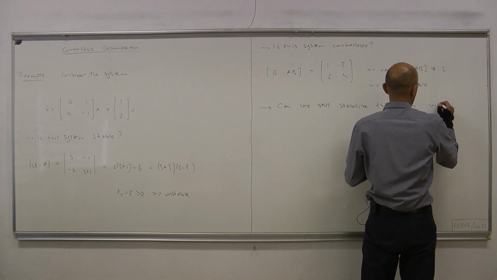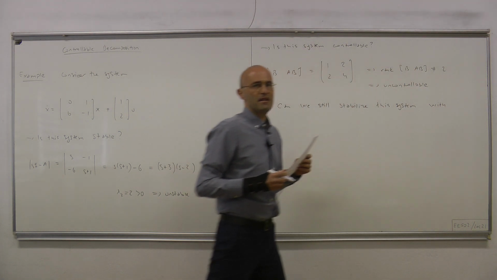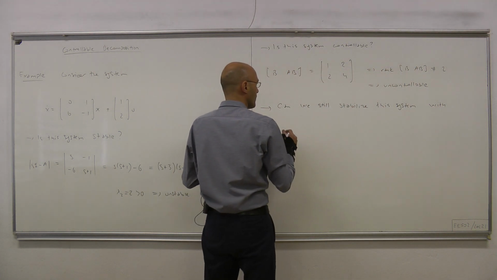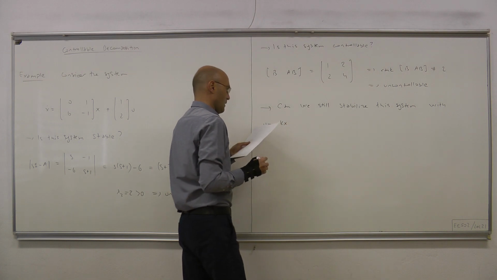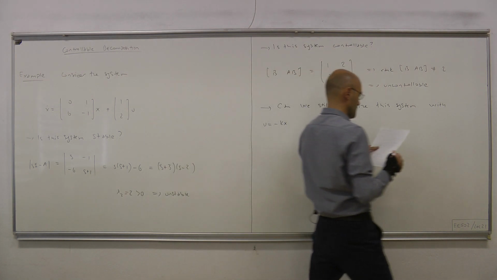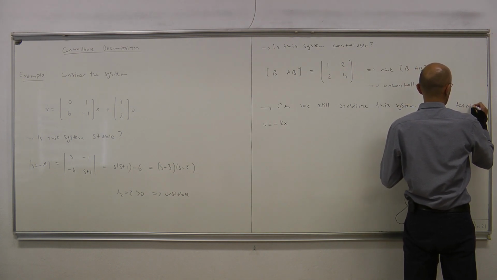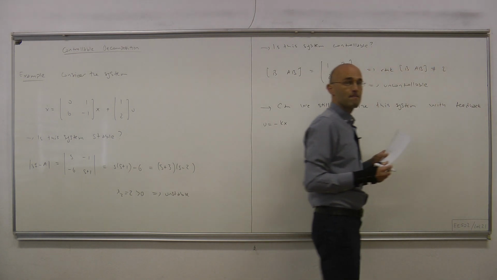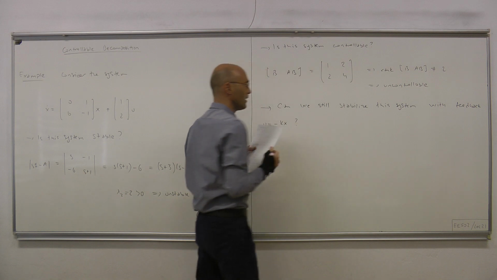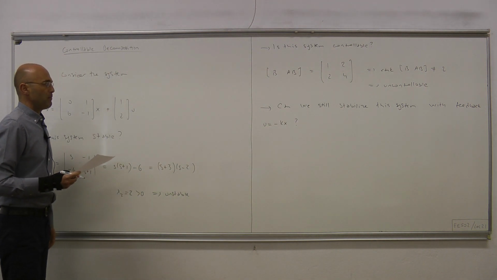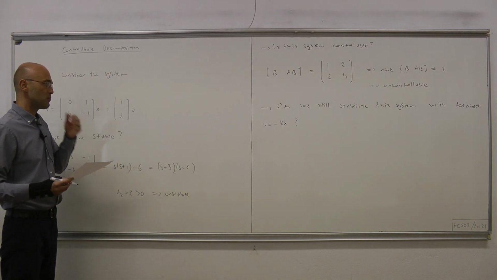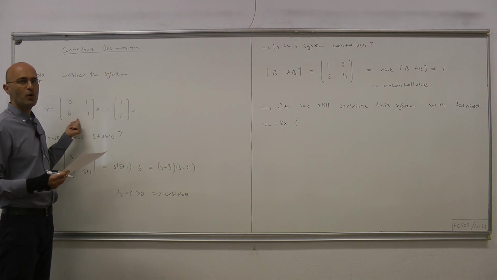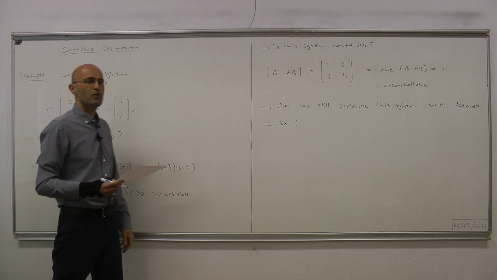with some feedback law, with u equals minus Kx, with state feedback? It may not be easy to answer that question at this point, but since the system is quite simple, just second order, we can give it a shot.